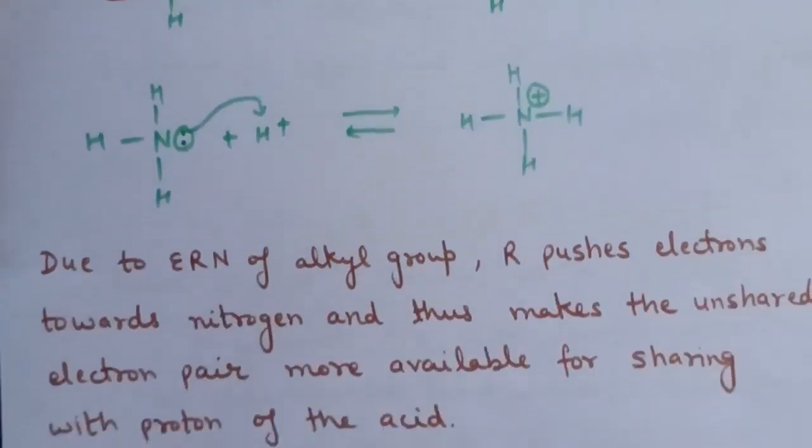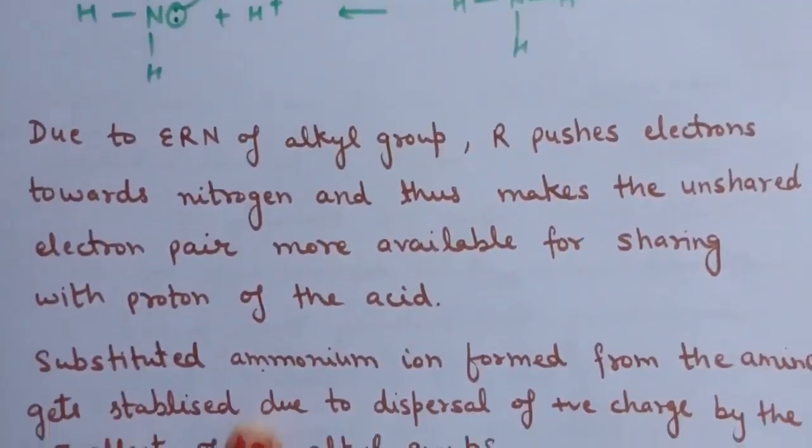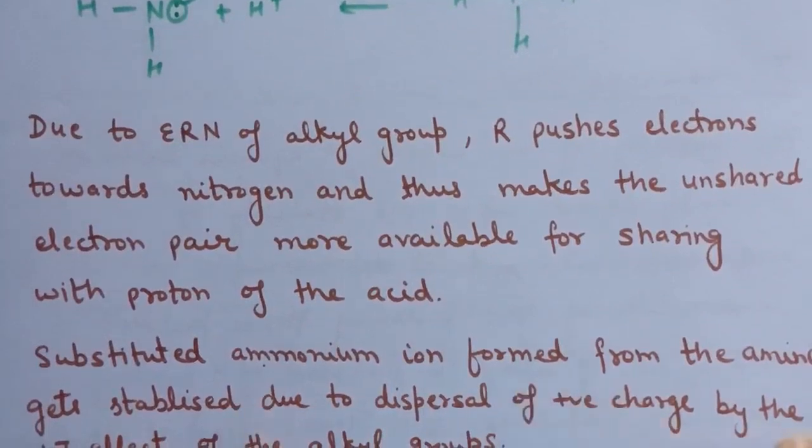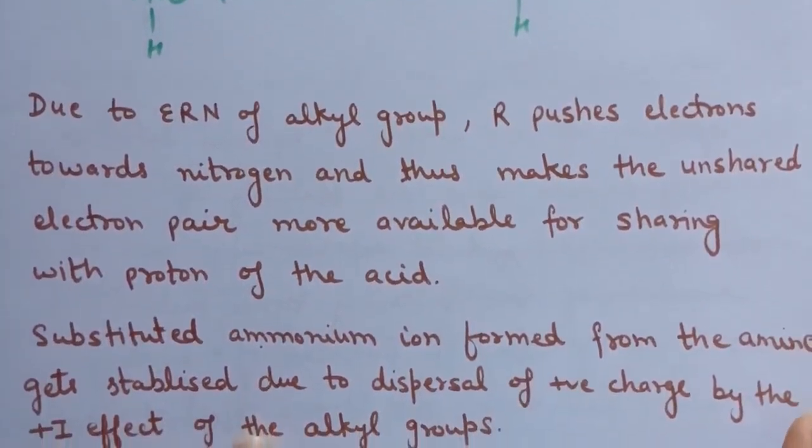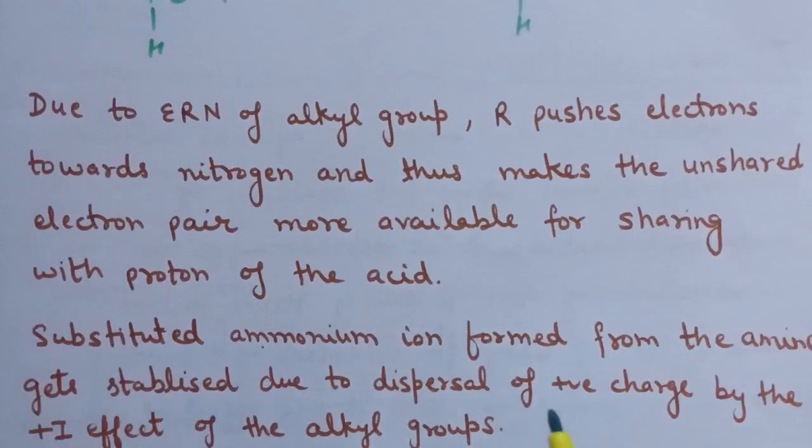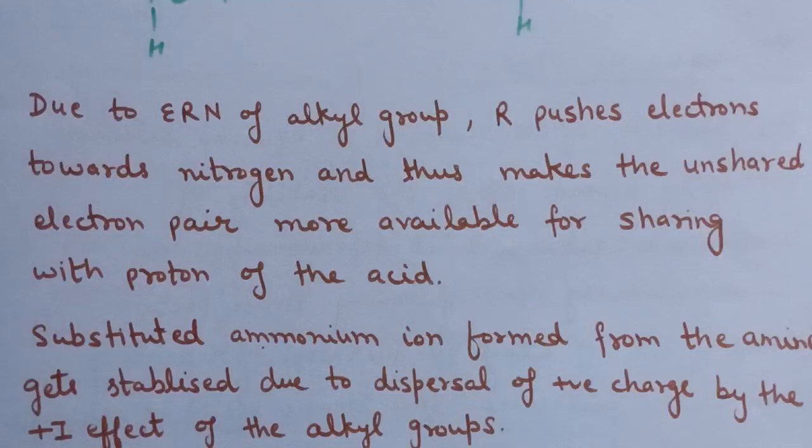So here, substituted ammonium ion formed from the amine gets stabilized due to dispersal of positive charge by the plus I effect of the alkyl groups. So in case of aliphatic amines, due to the presence of R group, these R groups show plus I effect, and due to plus I effect of alkyl groups, substituted ammonium cation formed from the amine gets stabilized.